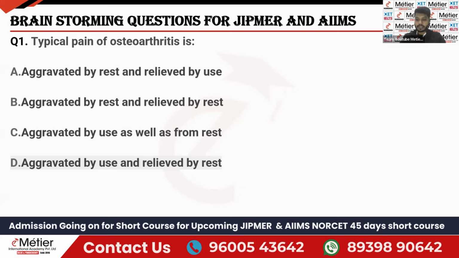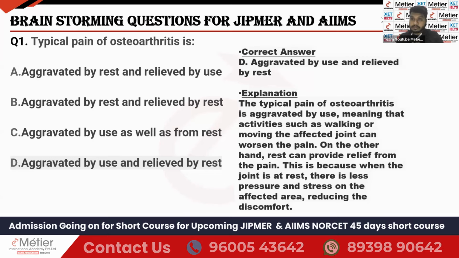The correct answer is option D, aggravated by use and relieved by rest. This is the main important key feature when you compare osteoarthritis versus rheumatoid arthritis. In osteoarthritis, the pain will start after movements or overuse, but it will be relieved by rest.